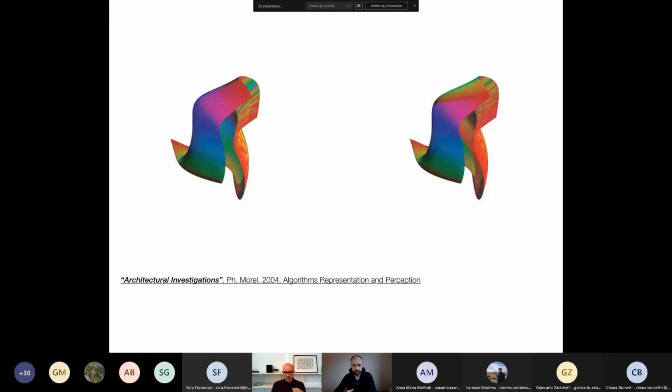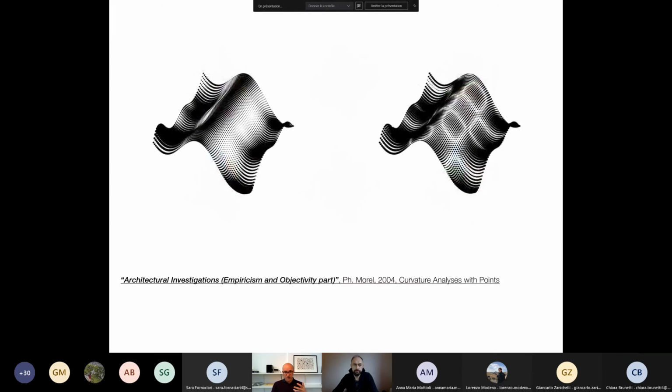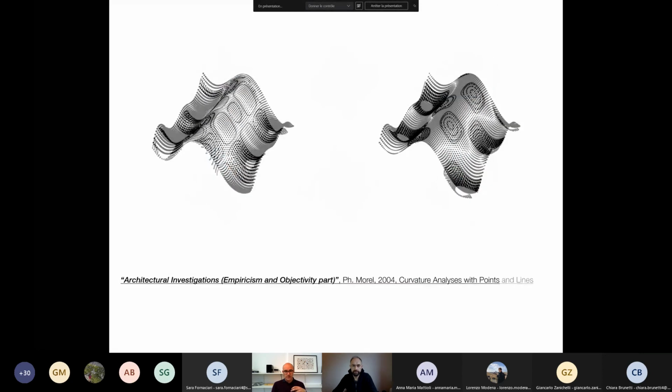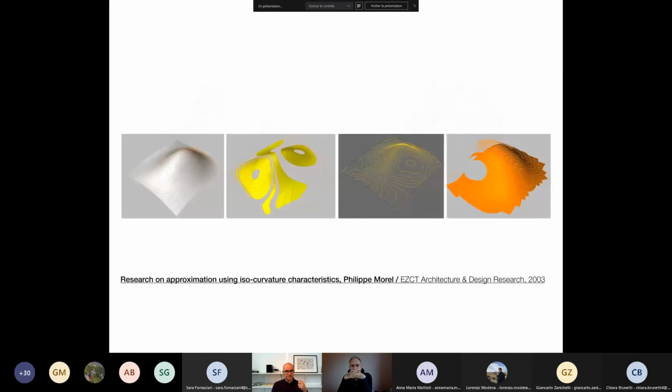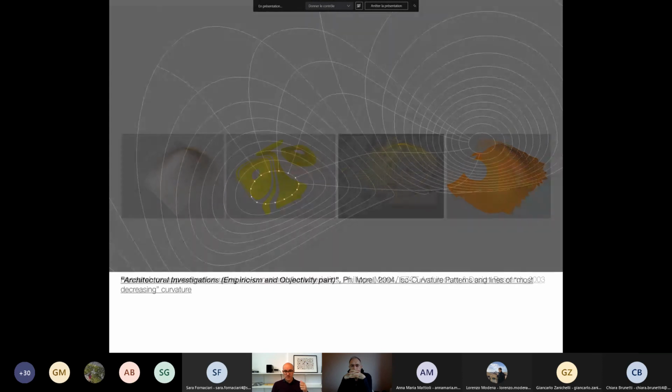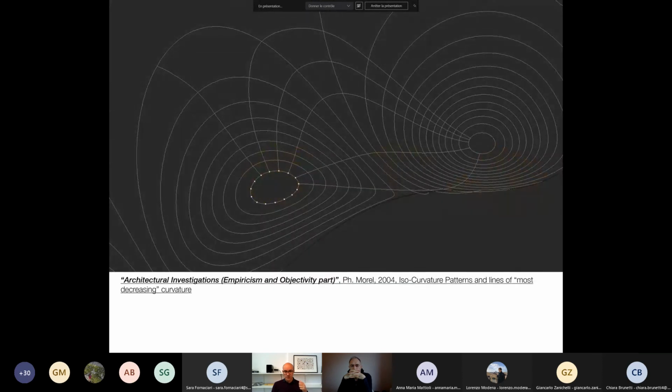And I kept working, as you can see here, with different kinds of things, analyzing visually and mathematically the properties of surfaces, and finally ended up with some interesting self-adaptative patterns for the development of non-developable surfaces.